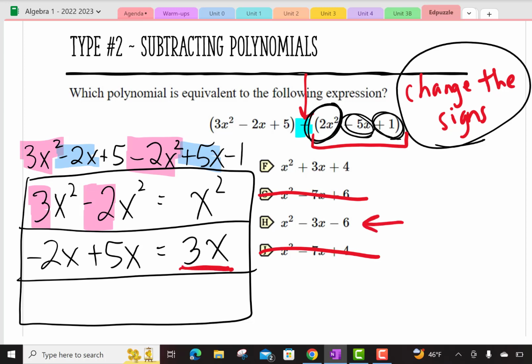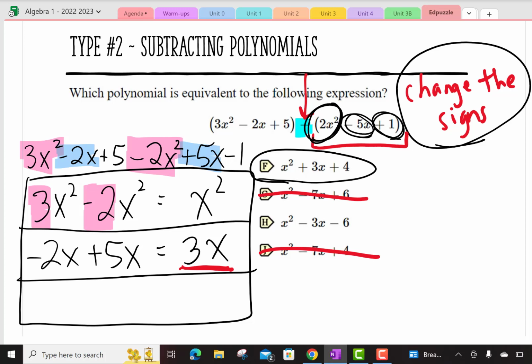So tú puedes eliminar opciones. Por ejemplo, sabes que es 3x, pero esta opción y este, J y G, no tiene 3x. Entonces, tú sabes que esta no es la respuesta, tú puedes eliminar. Okay? So that does mean that the final answer is F, but we can double check, right? So tú sabes que solo la opción con 3x positivo es opción F, pero tú puedes chequear con la otra parte.